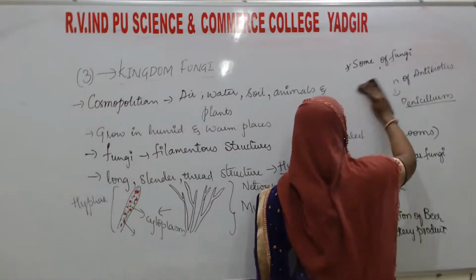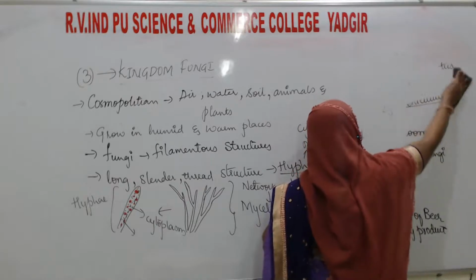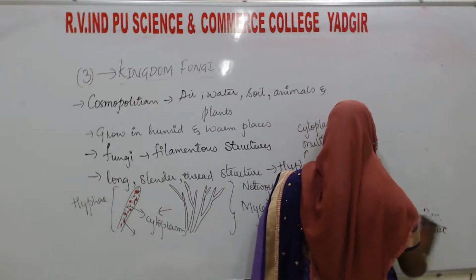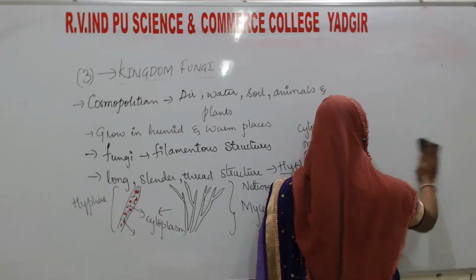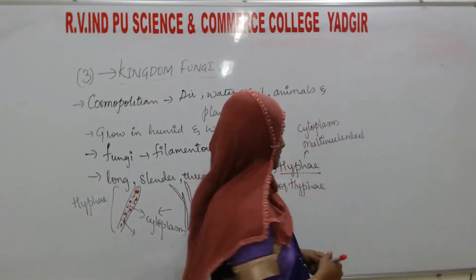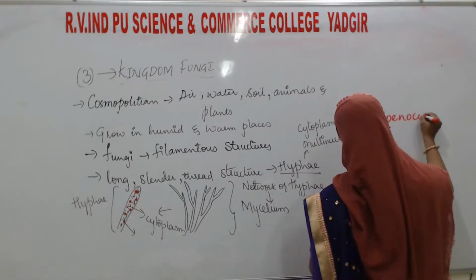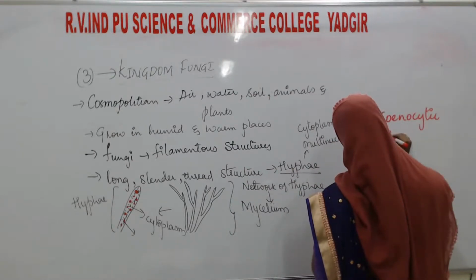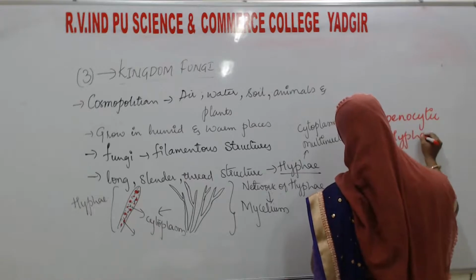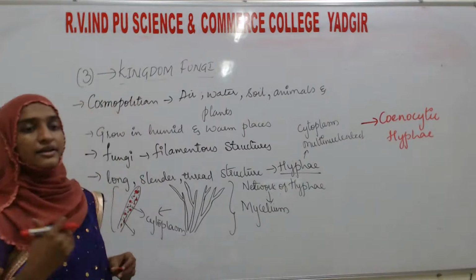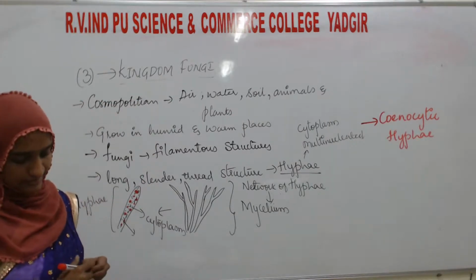What are these hyphae known as? These hyphae are known as the coenocytic hyphae, in which there is a presence of multinucleated cytoplasm.